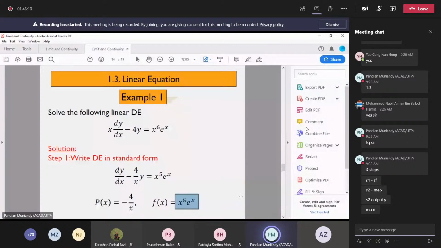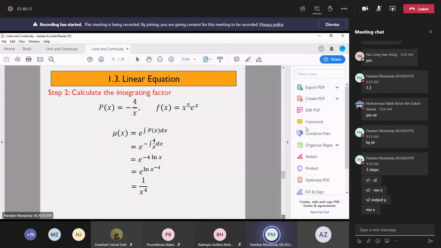So step 2, you find your mu(x). Straight away find mu(x): e power integral of P(x) dx, e power integral of minus 4/x dx. So minus 4 take out, e power minus 4, integral of 1 over x is ln x, the natural logarithm of x. And this is not in a good form, so you must write e power ln x power minus 4 is 1 over x power 4.